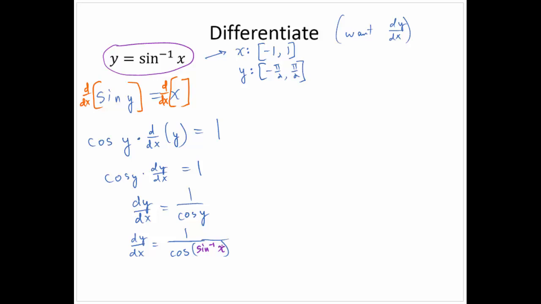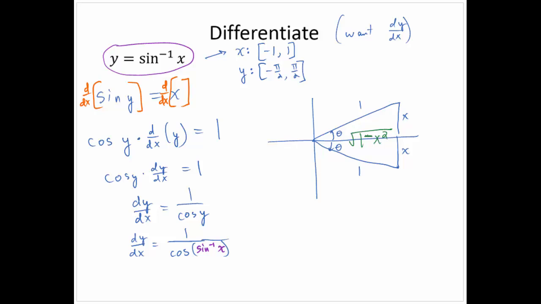So if we took that same diagram that we had just a moment ago, there's our coordinate system, and I drew these triangles, and I thought of this as a theta or this as a theta, and I had the x and the 1 here, and we solved for the remaining side of the triangle, and the remaining side ended up being the square root of 1 minus x squared.